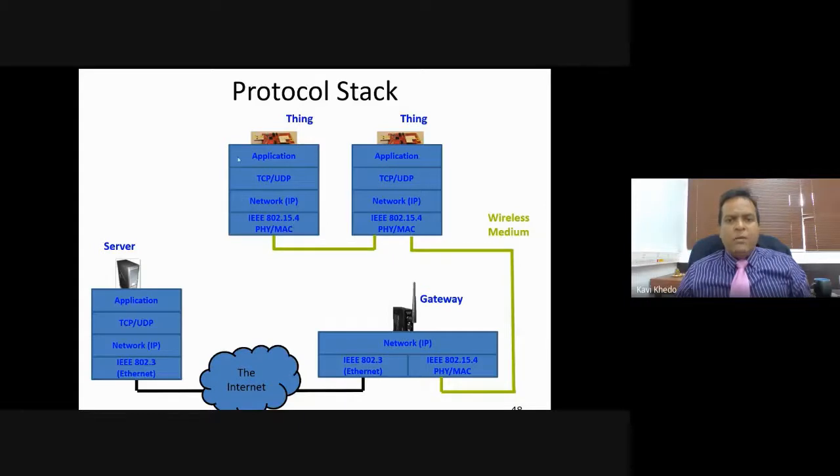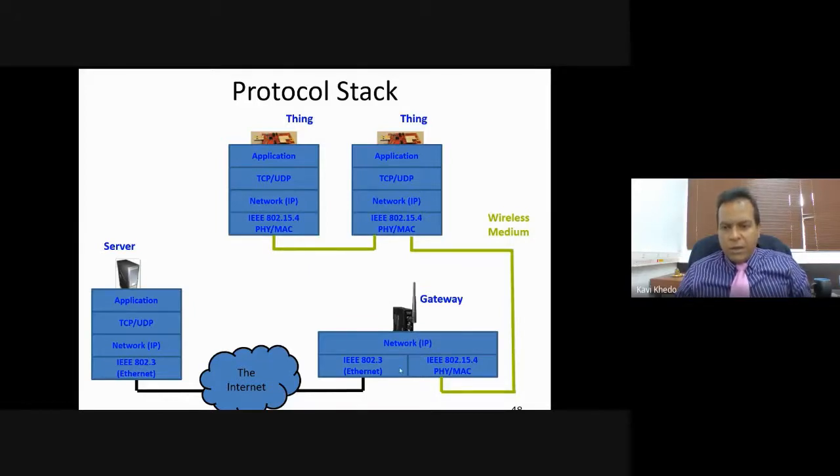Then above, obviously, you have the other protocols. These things eventually communicate with your gateway. You notice your gateway here, and this communication is done wirelessly. Depending on the technology you're using, it can be ZigBee or whatever that communicates with a gateway down here.